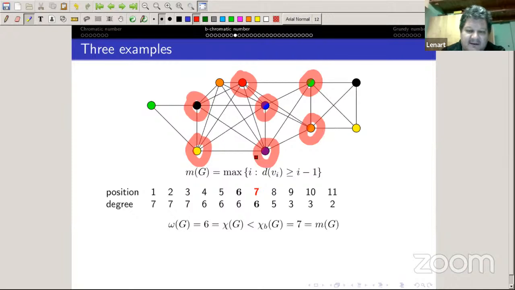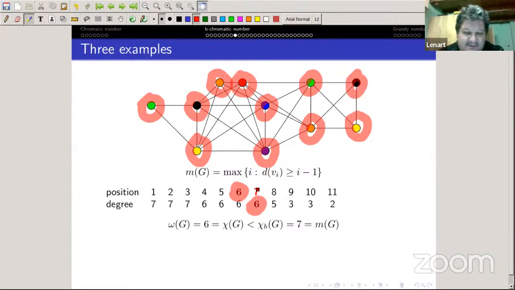And then a vertex of degree 5, this orange, and then 2 vertices of degree 3, these 2, and we end with a vertex of degree 2. And now see the biggest position so that this number is greater or equal than this number. And this is 7 in this graph, and we have a b-coloring with 7 colors, and this means that φ_b(G) is 7, which equals m(G) in this particular example.